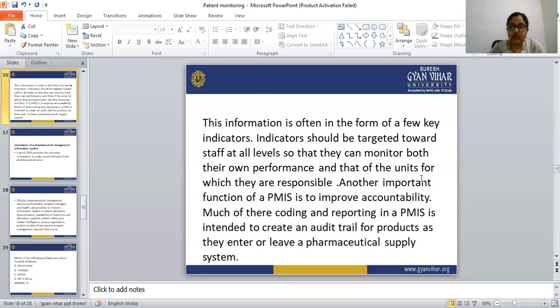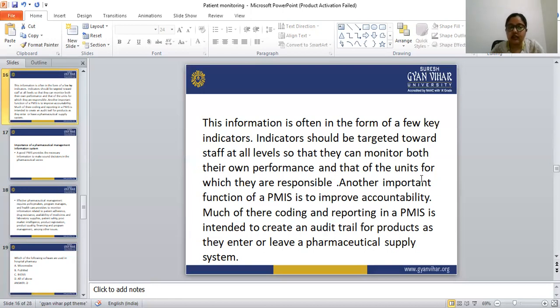Next is report generation. The PIS can also generate various reports, like medication usage patterns in the hospital and the cost of drugs purchased and dispensed. And then interactivity with other systems: the Pharma Information System must be able to interact with other systems, like the clinical information system for receipt of prescription orders, and the financial information system for billing and charging.